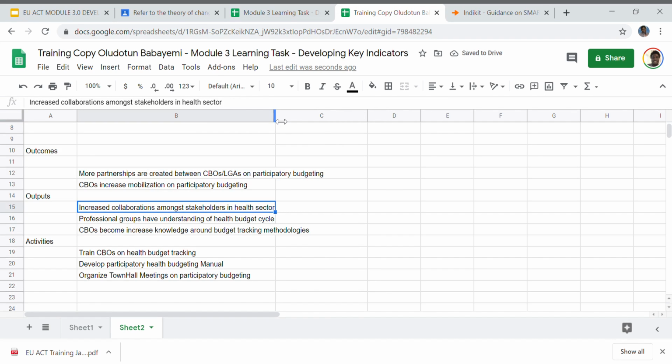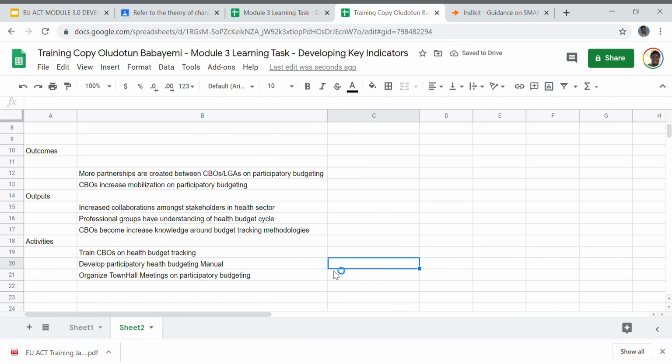I'm going to stop there and go to indicators also. All these: number of health, number of average hours contributed to trainings. That's a numerical. Number of manuals distributed. Town hall meetings, right?